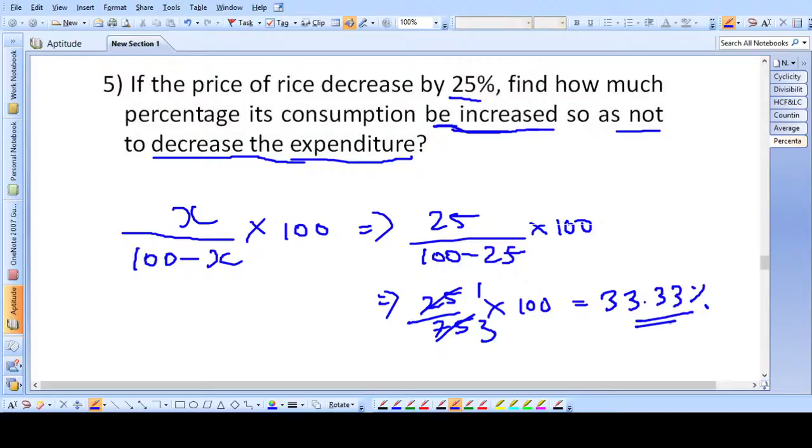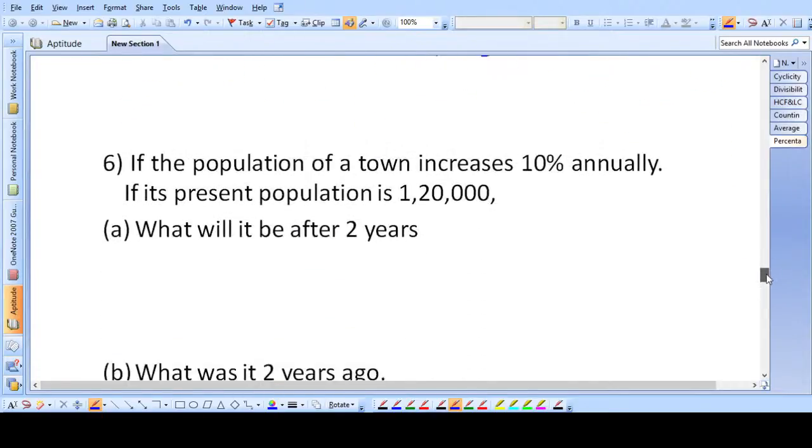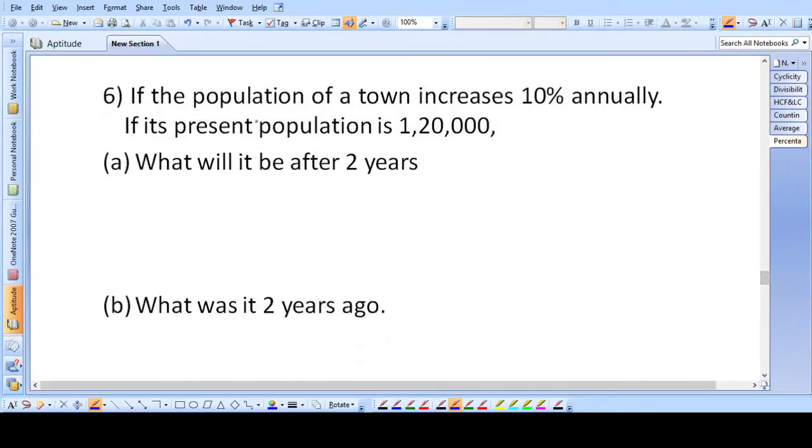So this much consumption you can increase because the price of rice has decreased. So at the same expenditure, without changing the expenditure, you can buy 33.33% more rice.